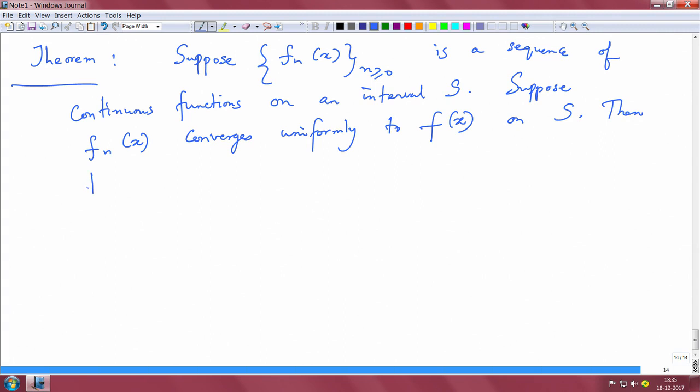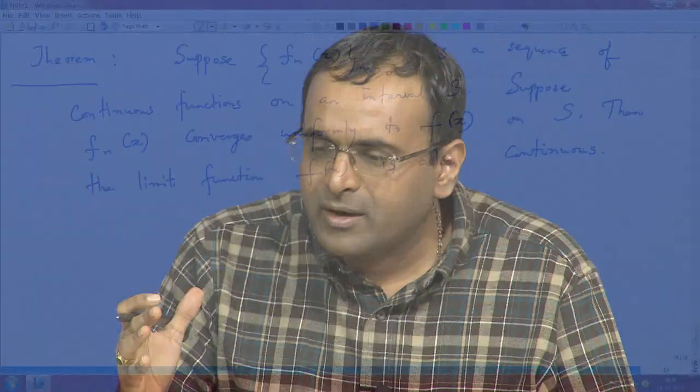then the limit function f of x is also continuous. This is a very important theorem. I have a sequence of continuous functions defined on an interval S, and I know that fn of x converges uniformly to f of x on that interval, then the limit function is also continuous.